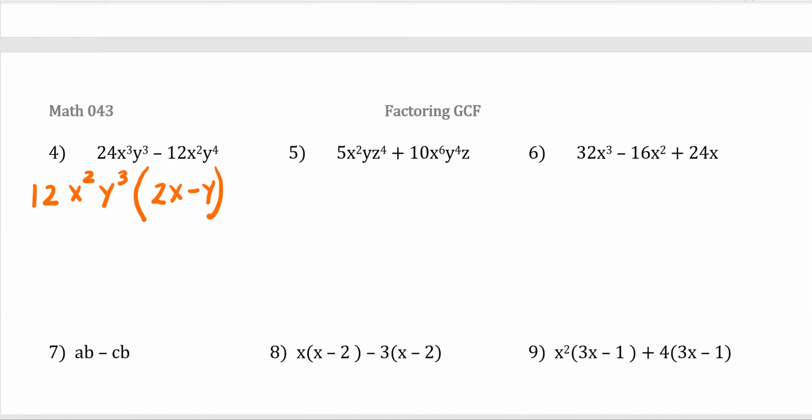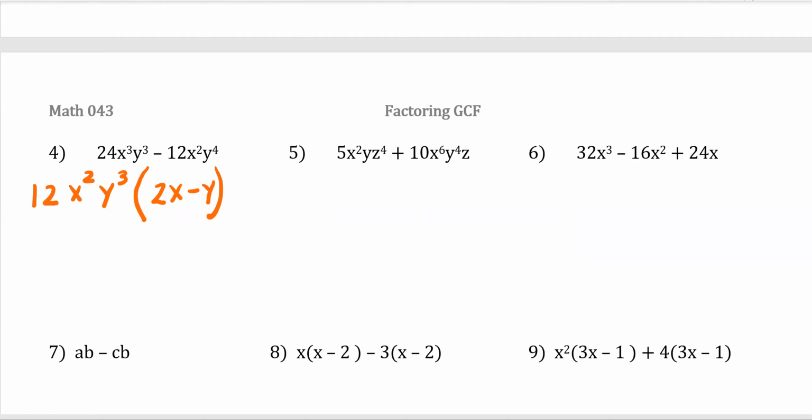Check it to make sure it's right. 12x squared y cubed times 2x will give you 24x cubed y cubed. And the same thing, if you multiply 12x squared y cubed times y, you will get 12x squared y to the 4th.